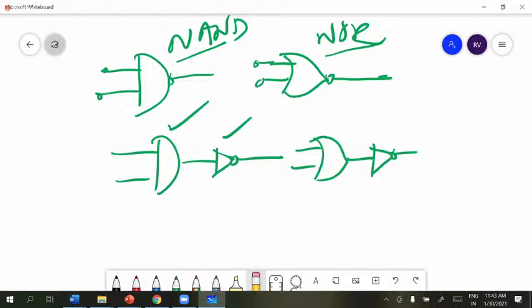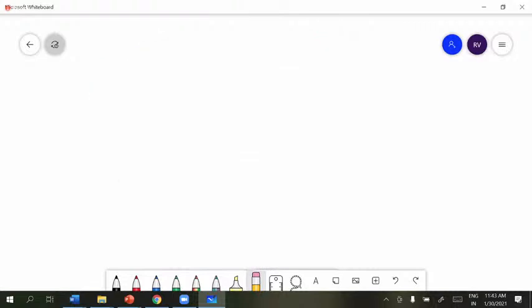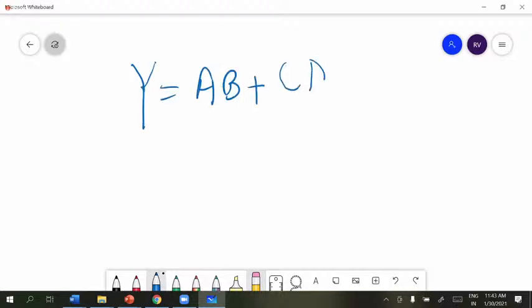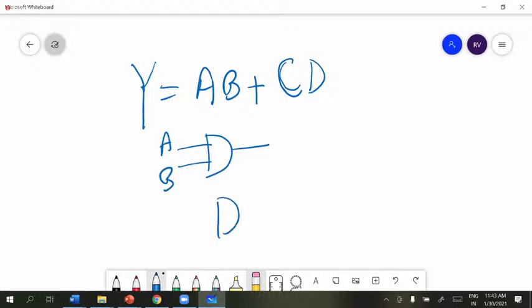For example, I take one expression: Y is equal to AB plus CD. How do you design this using only NAND gates? First we simply take it as it is. AB means I take A and B with one AND gate, and C and D with another AND gate.